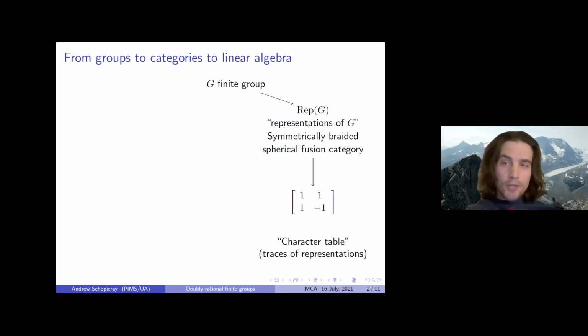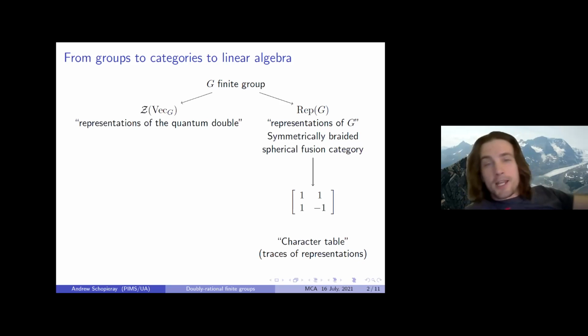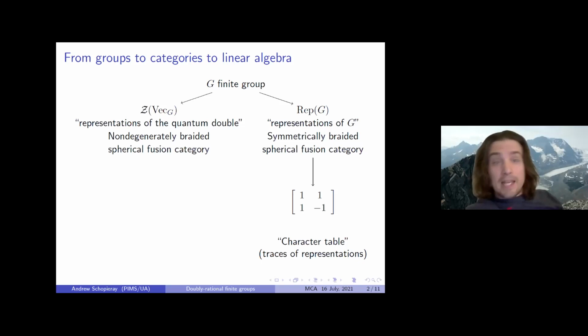Now, you can go down this route, but you can also go a different route when you're looking at categories corresponding to finite groups, which is to look at what we would call representations of the quantum double, or in a purely categorical sense, the Drinfeld center of G-graded vector spaces is another way to think about it, which gives something which is not symmetrically braided, but it gives something which is the polar opposite, something which is non-degenerately braided.